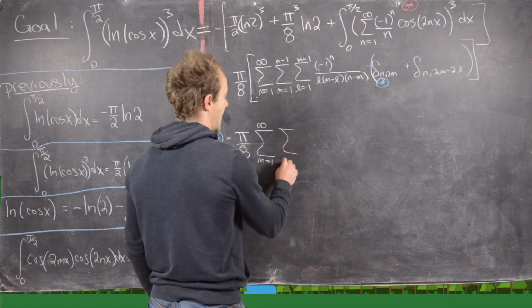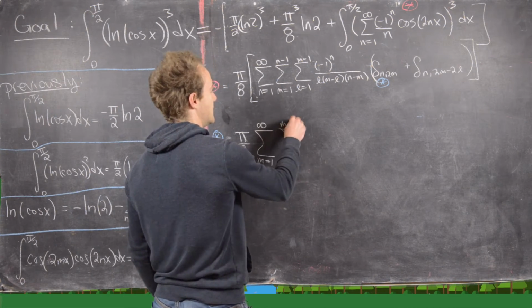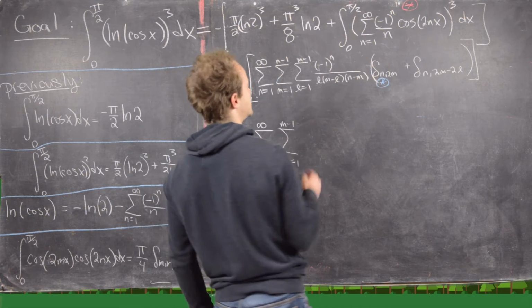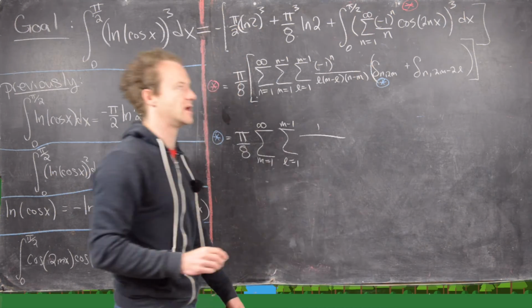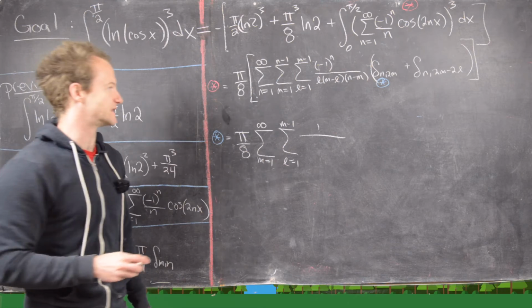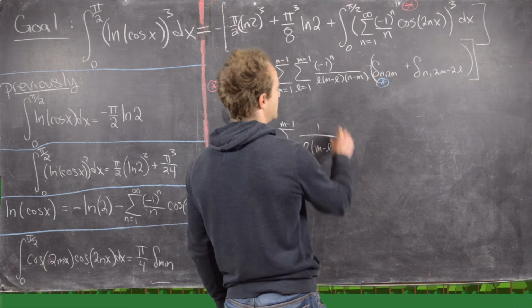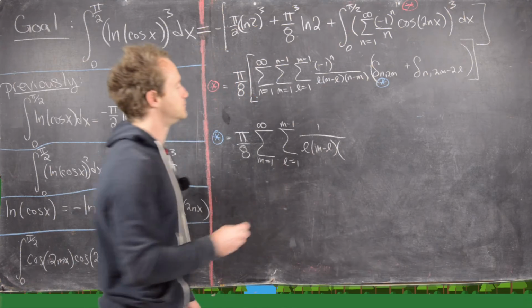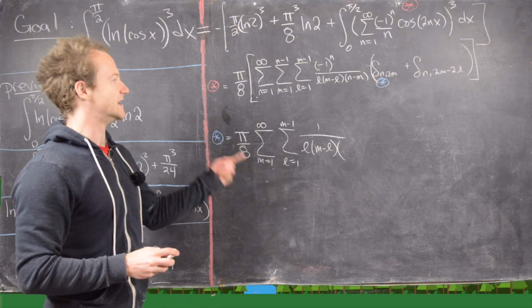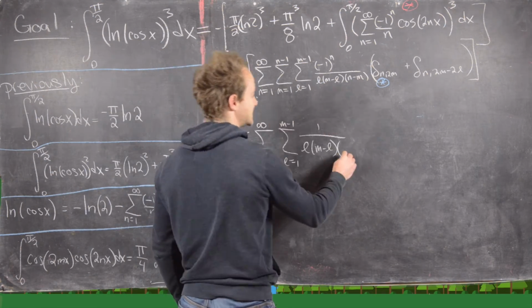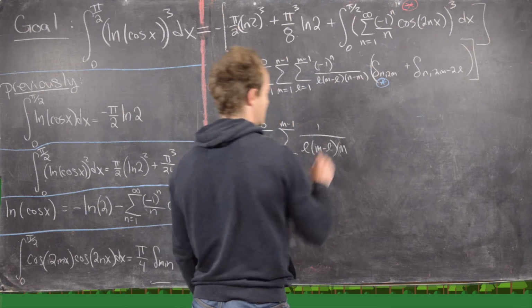And then L equals 1 to m minus 1. Now minus 1 to the 2m, that's just going to be 1 because 2m is obviously always going to be even. Then we have L, m minus L, and then finally n is 2m, so we have 2m minus m, so that's just going to be m.